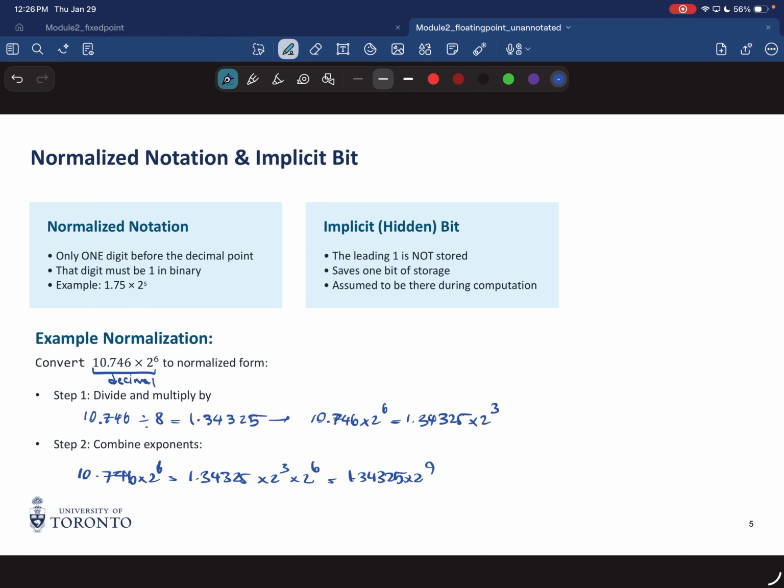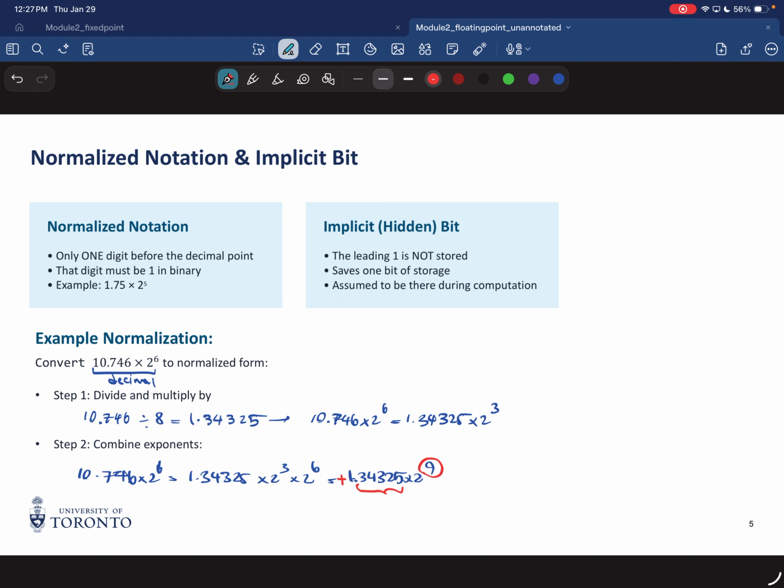Why are we doing this? Because whatever decimal number you get, first you have to bring it into this format, okay? Later you'll see that we are going to store the exponent in one part of our bits, the fraction in another part, and the sign in another bit.